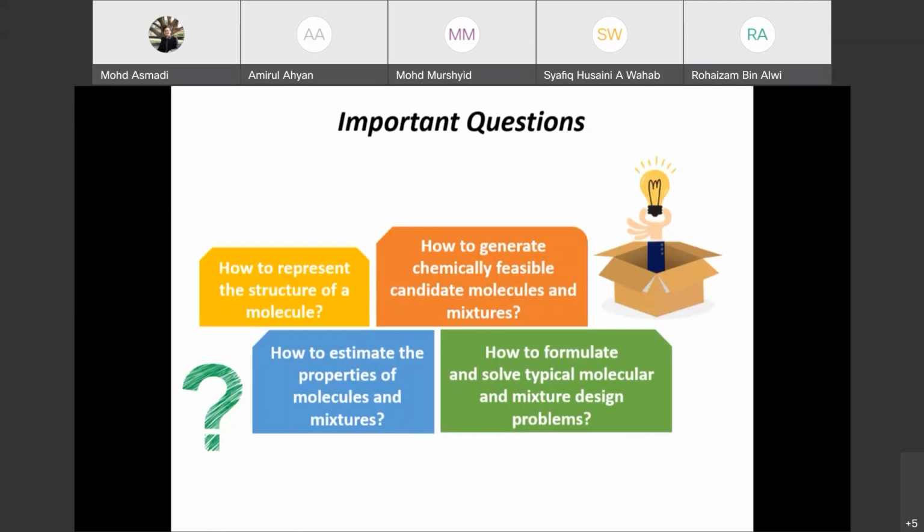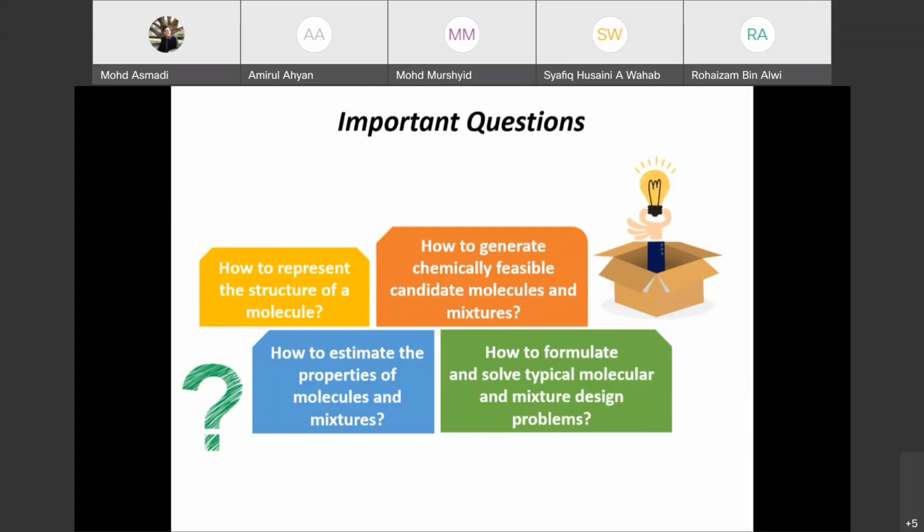Sebab kita ada group vector, kita ada building block. How you represent the structure. And from that group vector and also building block, how can you generate the chemically feasible candidate molecules and also mixtures?